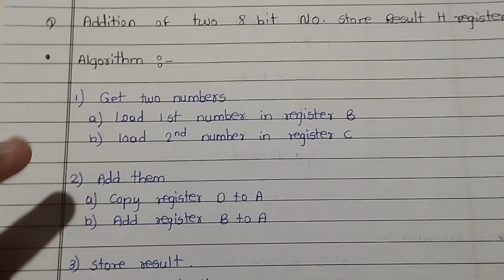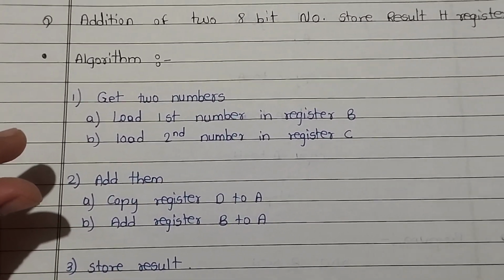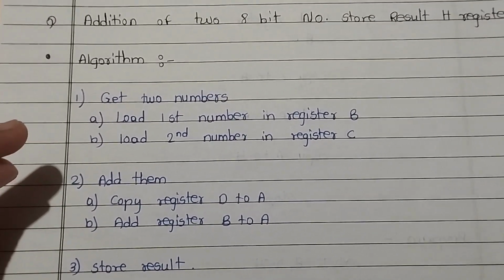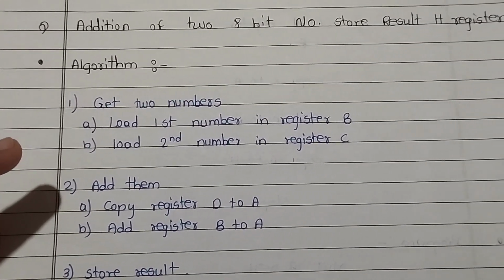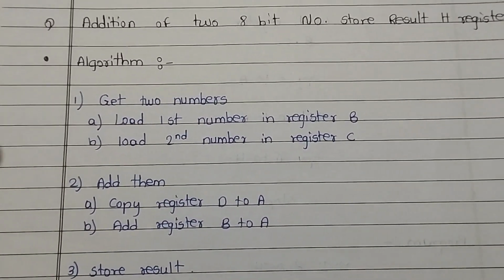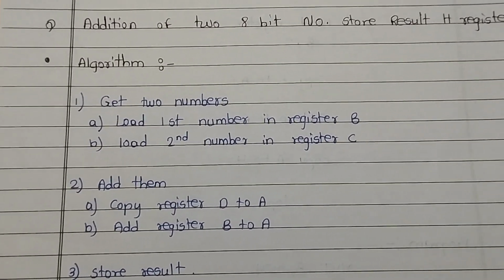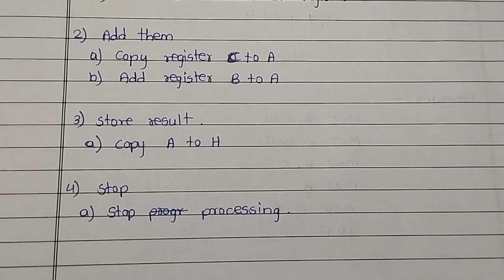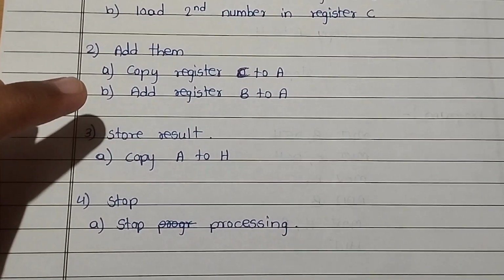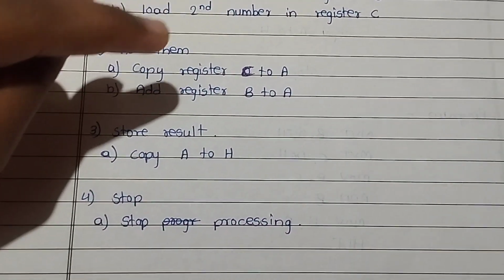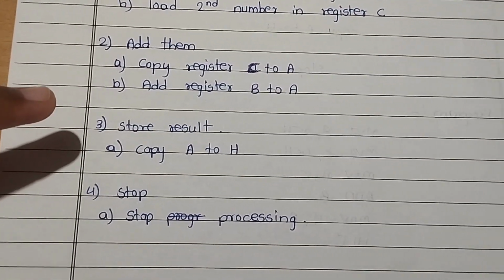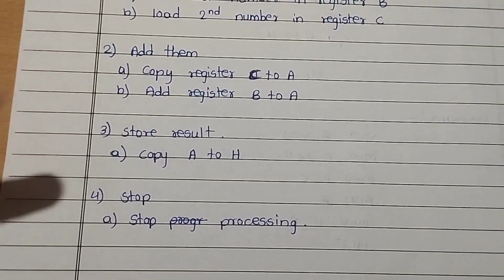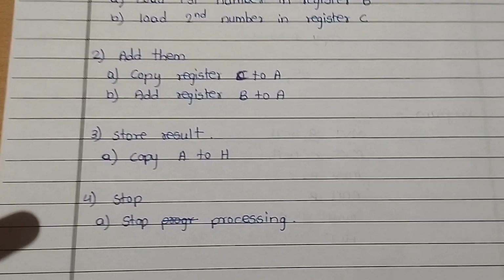We do not add two registers directly. For adding two numbers, one number is moved to the accumulator and then we add one register and the accumulator. So first copy register C into A and then add register B with A. So this is our second step.